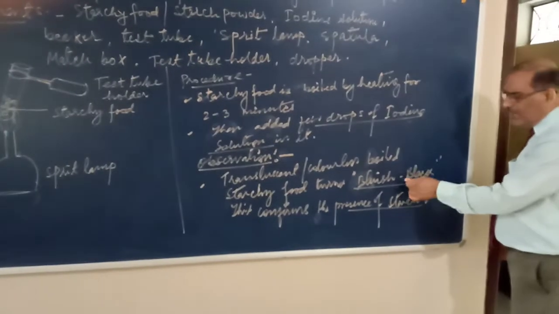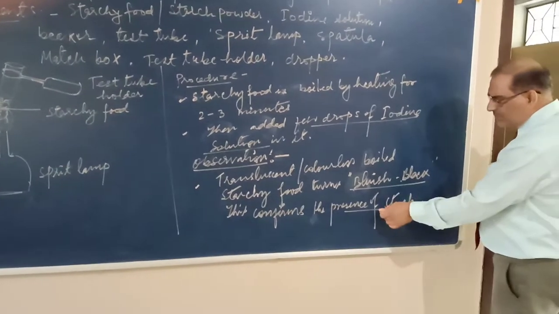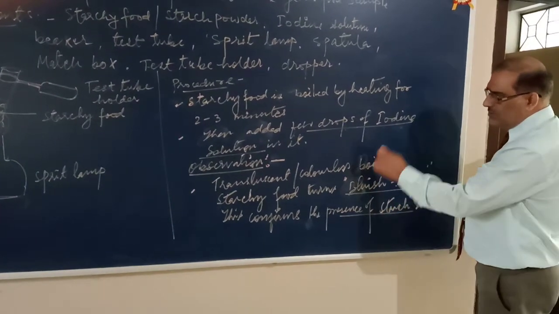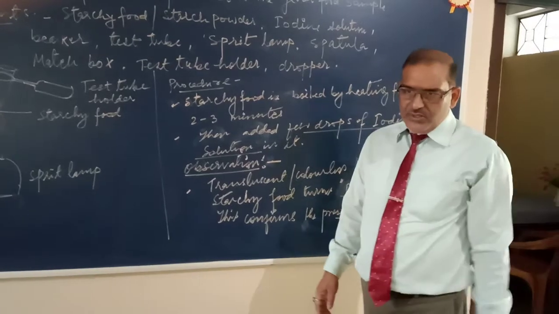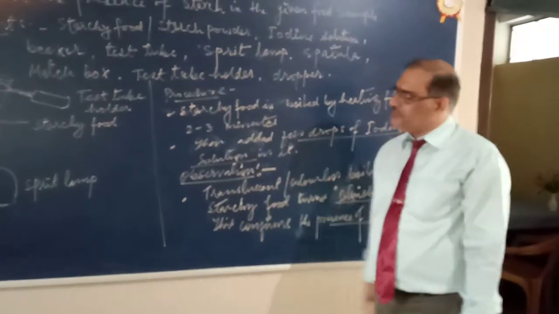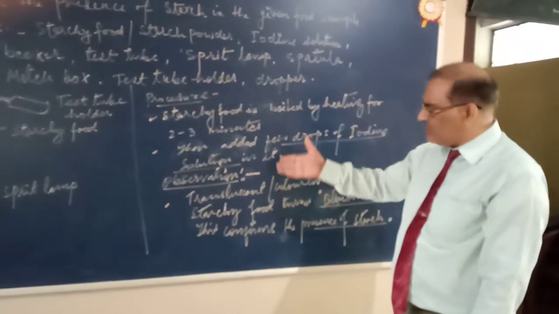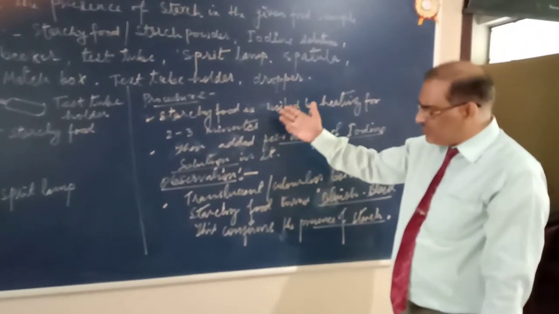If it gives blue-black color, it means the given food stuff is starchy or contains starch. So this is the experiment which we have to perform. This is the theory part, in which I have discussed the requirement, procedure, and observation.